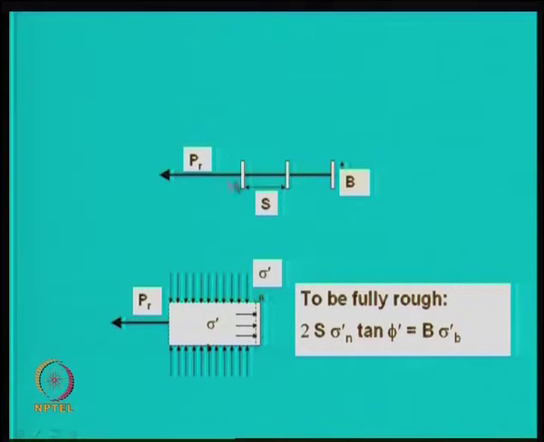What I was mentioning earlier is that there is friction only along the surface. Now, because of these bearing members, the failure surface will be like this, okay.